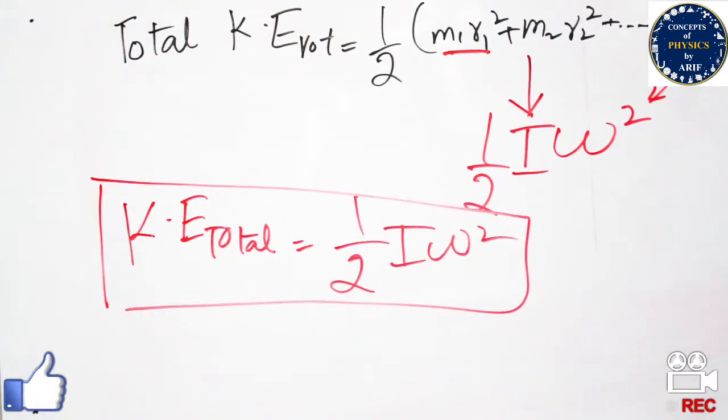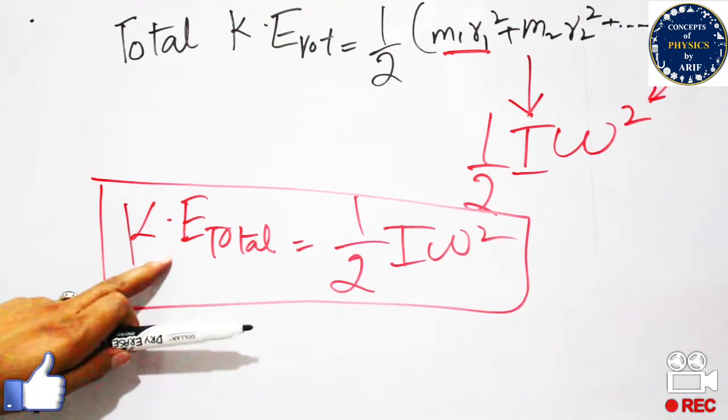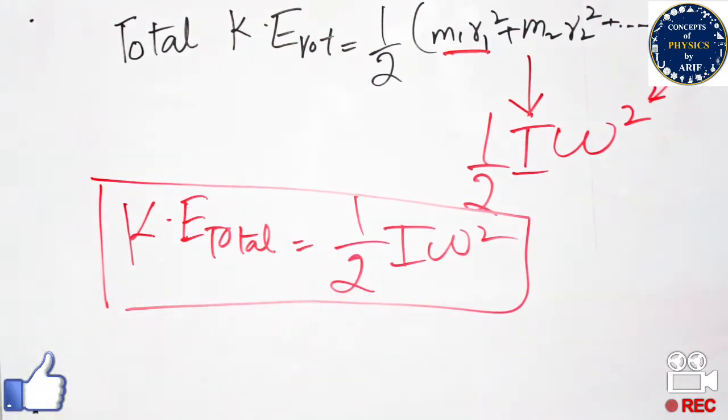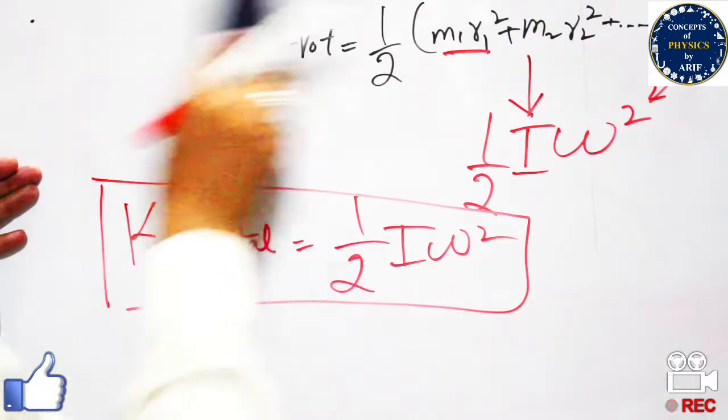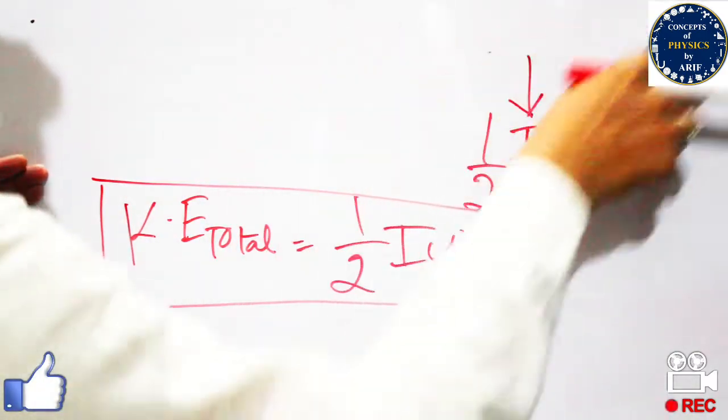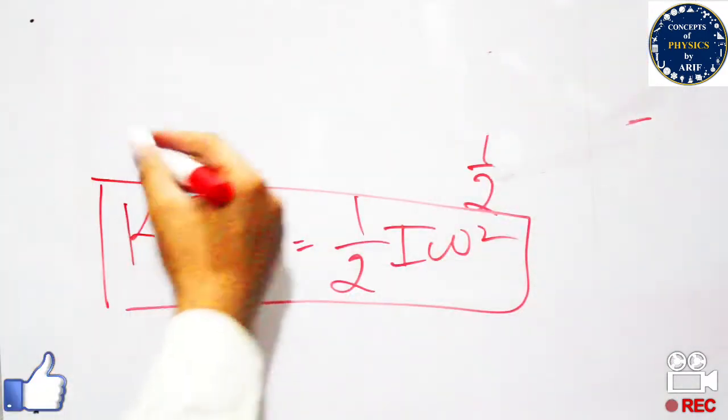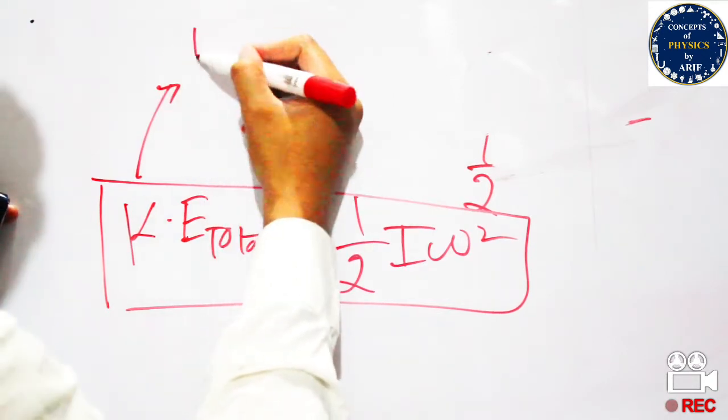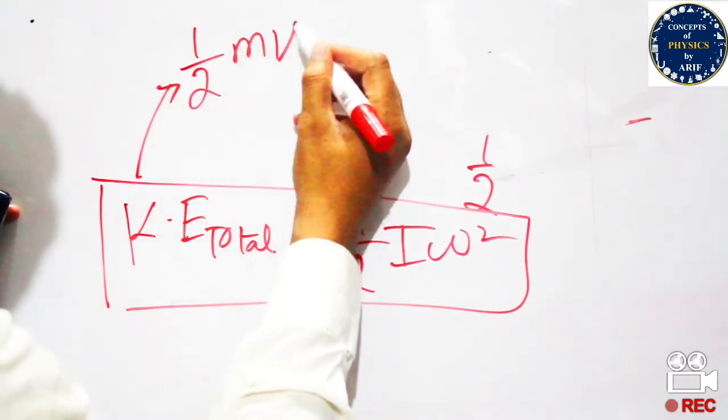In order to find the units and dimension of kinetic energy, we can verify this. The unit of kinetic energy is joule, or we can open this: kinetic energy is equal to half mv square.